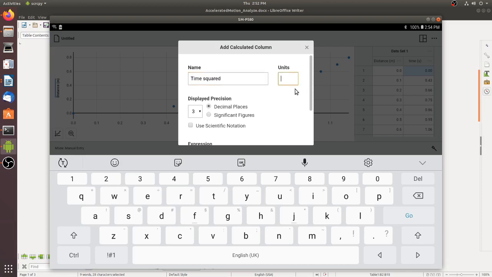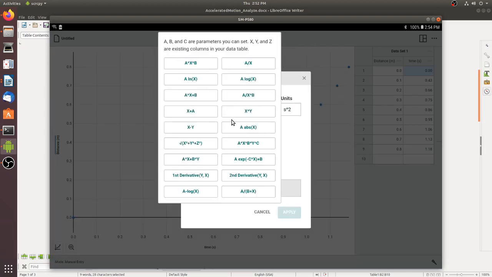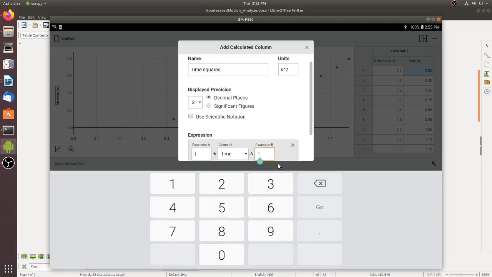And the units are going to be seconds raised to the second power. And the expression I'm going to use was ax to the b. I believe that was it. A is 1. B would be 2.